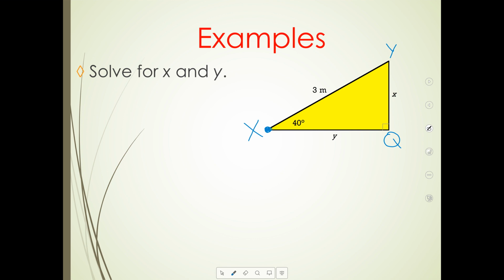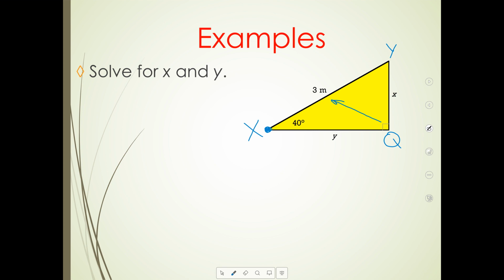I'm going to solve for X first. I know angle X. So the first question I would ask myself is, from angle X, is this 3 the opposite side, the adjacent side, or the hypotenuse? Hypotenuse. How do you know? It's across from the right angle. It's the longest side of the triangle. Okay.